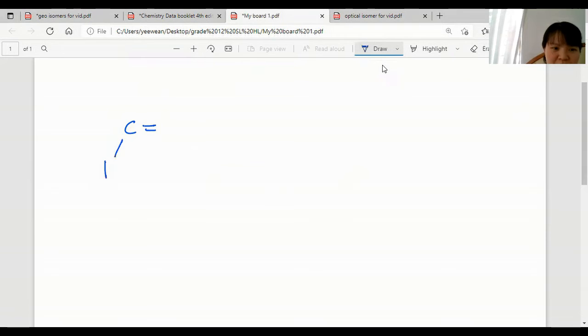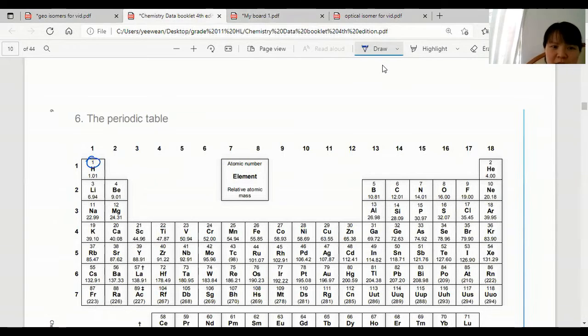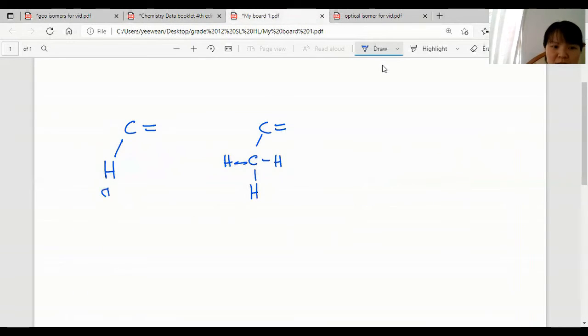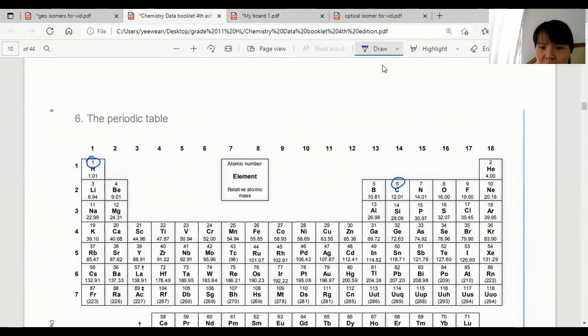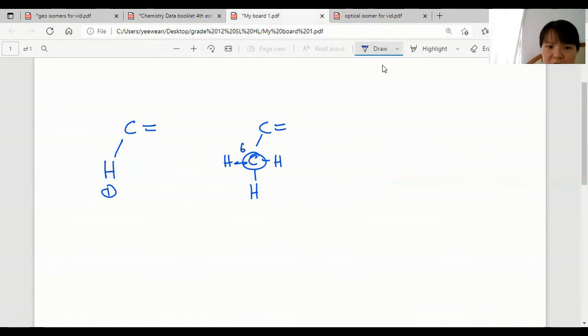For example, if I have an H here, compared to a CH3, what we've got to do to know the priority is get the atomic number. H is 1, and this is connected to C. C is 6. So this is at higher priority.